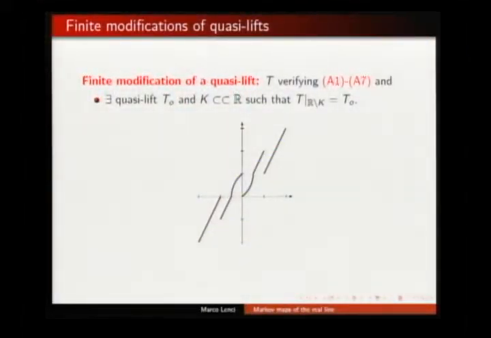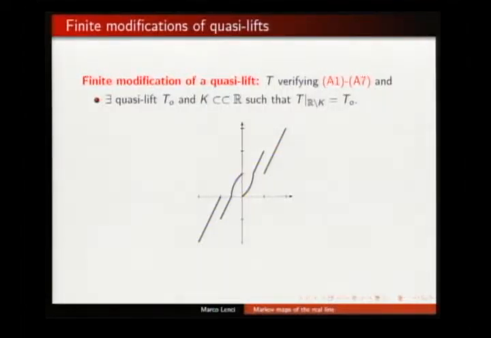So the next model that one might want to look at is just a small complication on this type of maps. So you can think of finite modifications of quasi-lifts. So you take a quasi-lift and you modify it in a compact region of your phase space. Okay?